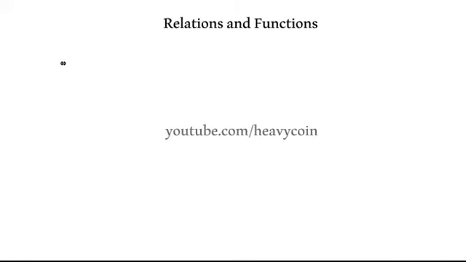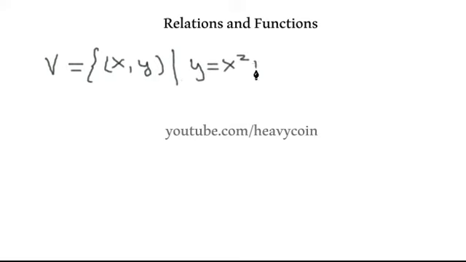Okay, let's say that we had the set, I'll call it V this time, the set of ordered pairs x, y, such that y is equal to x squared plus 1. Alright, and I'm just going to say that in our domain we're going to have negative 1, 0, 1, and 2.